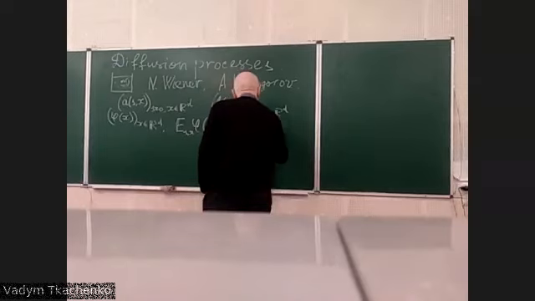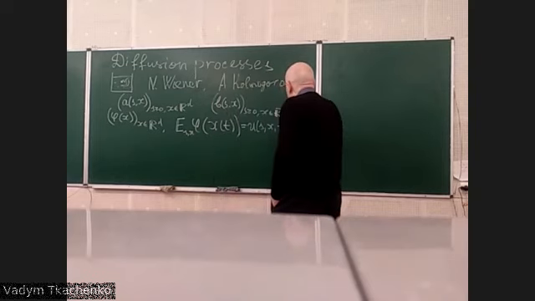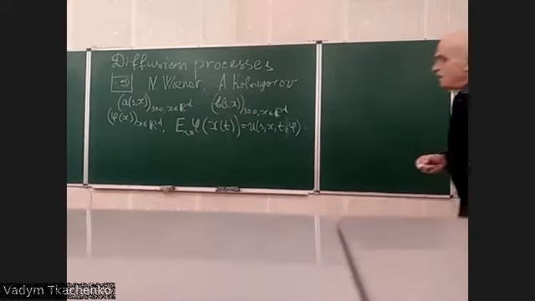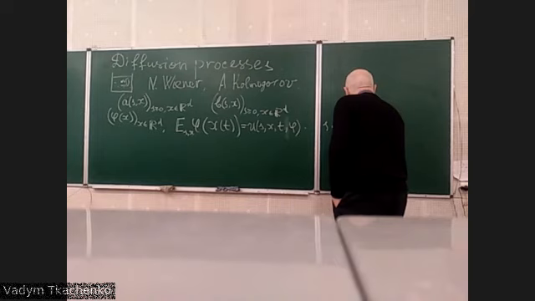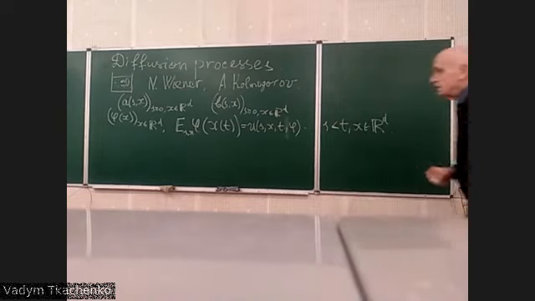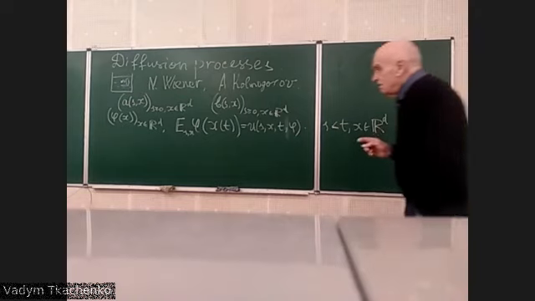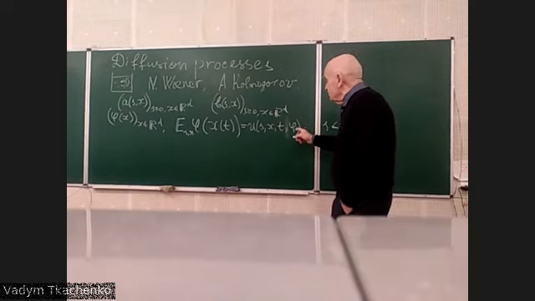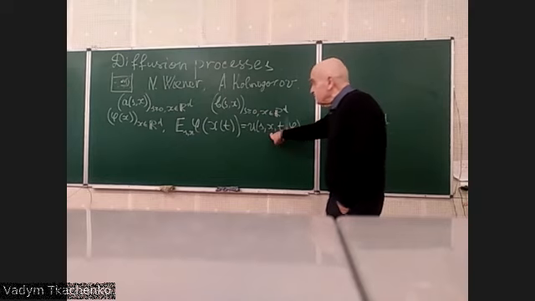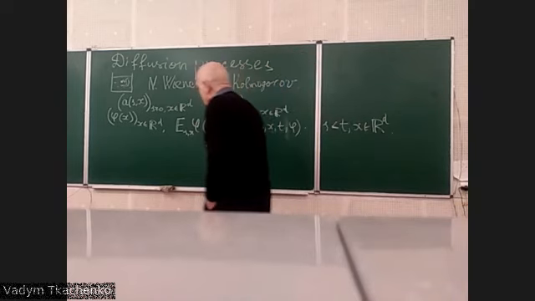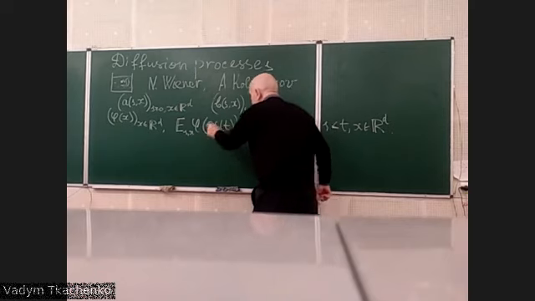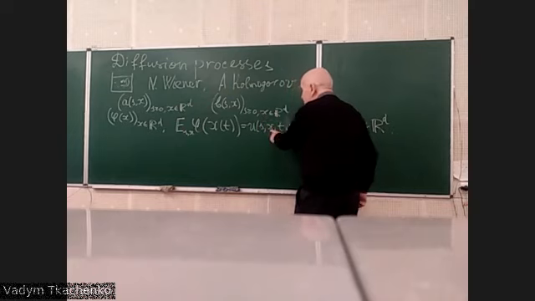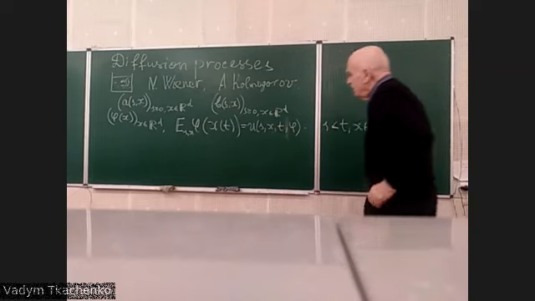Denote this function by u(s,x,t), where s is less than t and x is a point from R^d. Suppose that phi is twice continuously differentiable with respect to x.